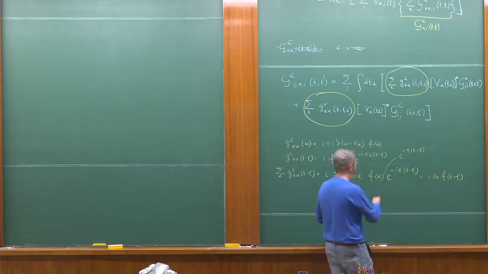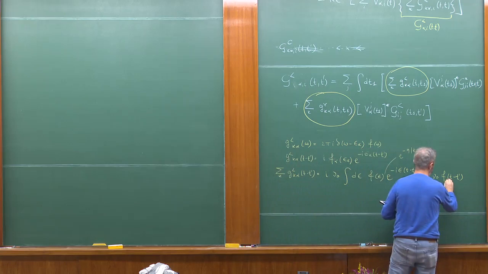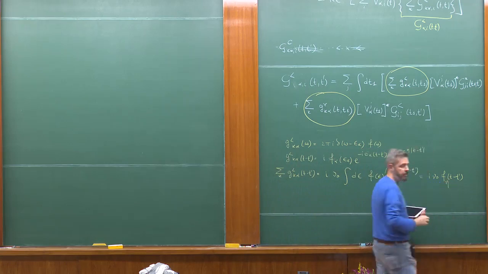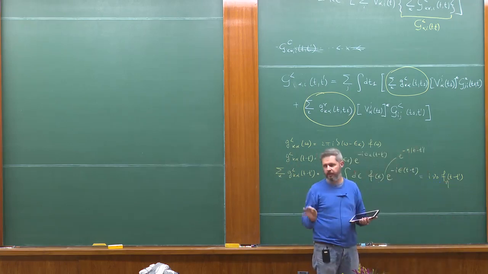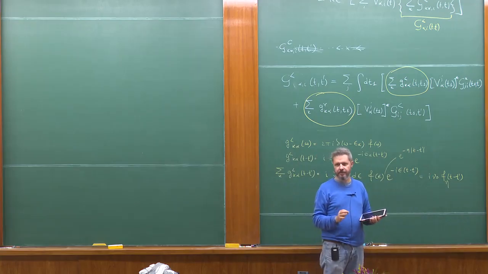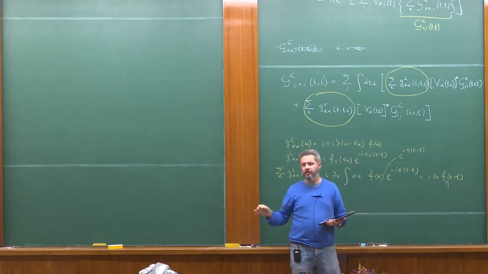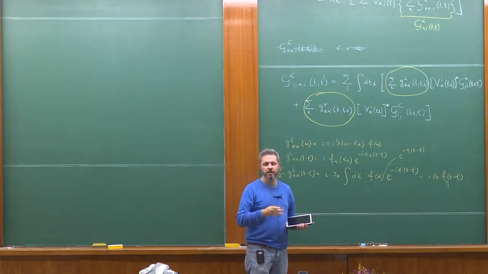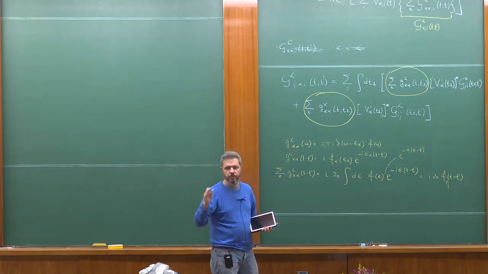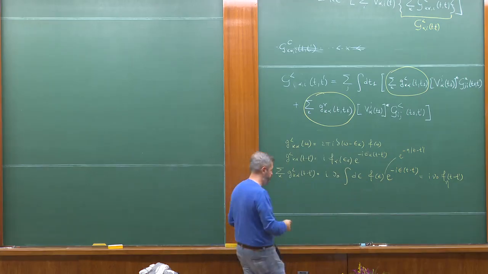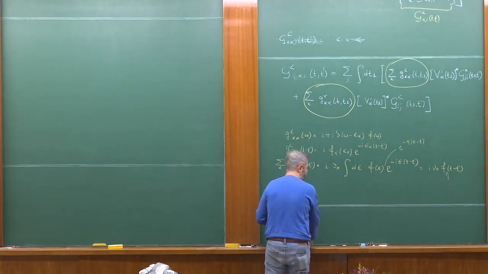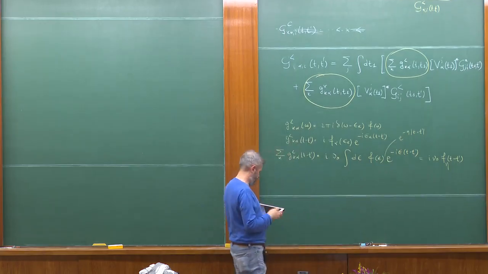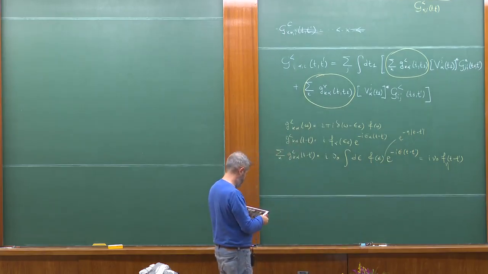So you have to regularize it. So I am assuming that I'm regularizing it in some way, and I'm going to forget that I'm regularizing it through the calculation. There is a regularization, but at the end of the day, you will see that it doesn't really matter which regularization you use. The final result is okay. But we understand that we have to do it one way or another.